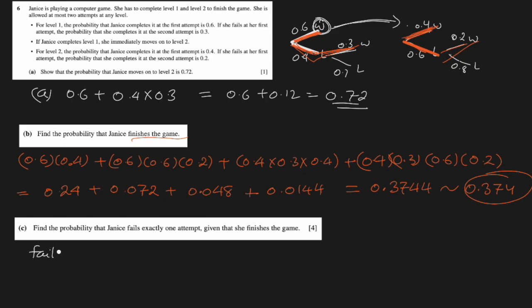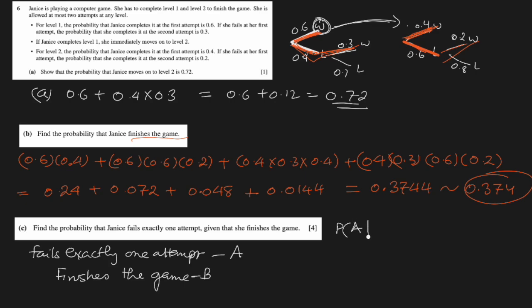Fails exactly one attempt, let's name this event as A. She finishes the game, let's give it the name event B. And we know that the probability of A given B is P(A intersection B) divided by P(B).